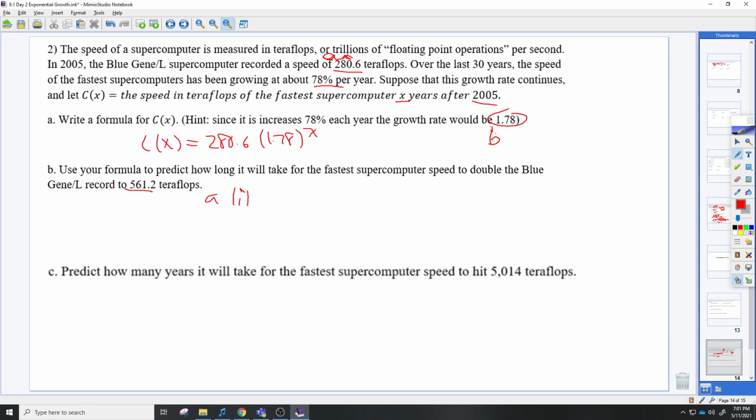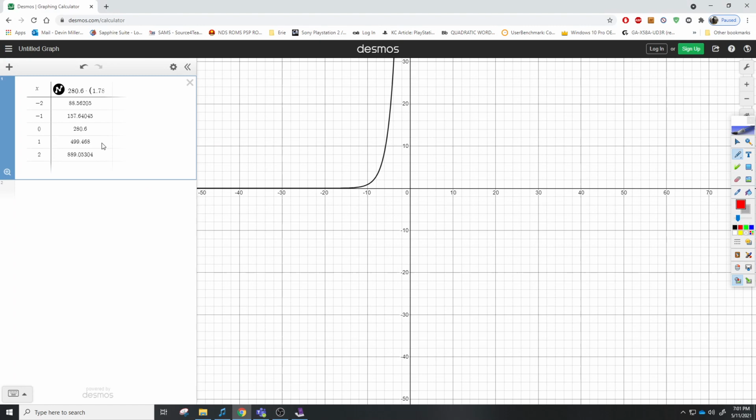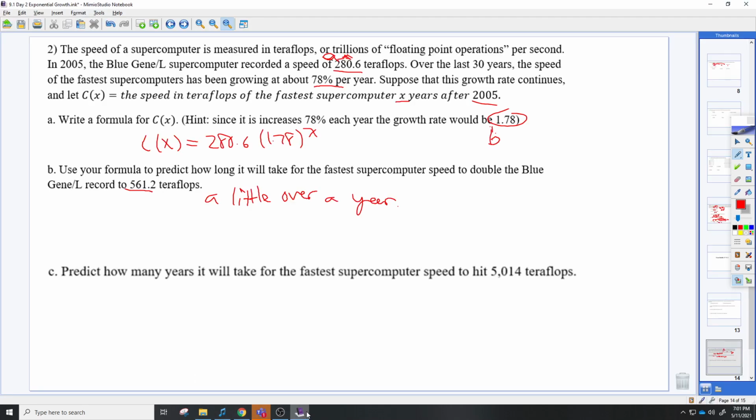A little over a year. Predict how many years it would take for the fast computer to hit 5,014 teraflops. There it is, 5,014, so 5 years. It would take 5 years.